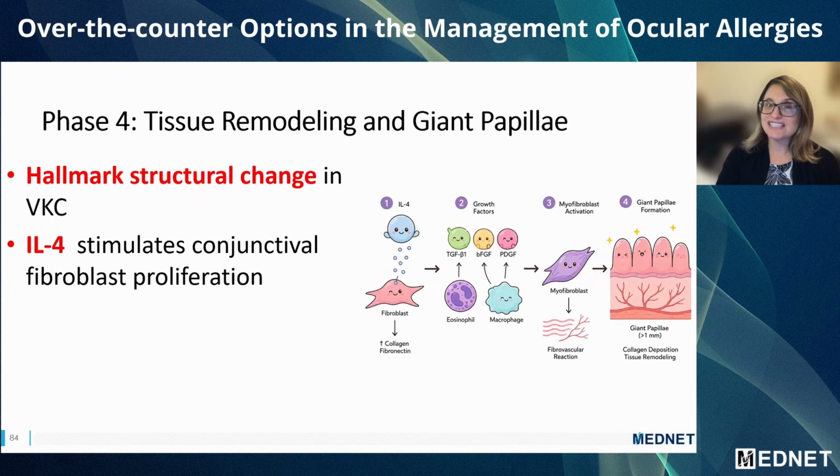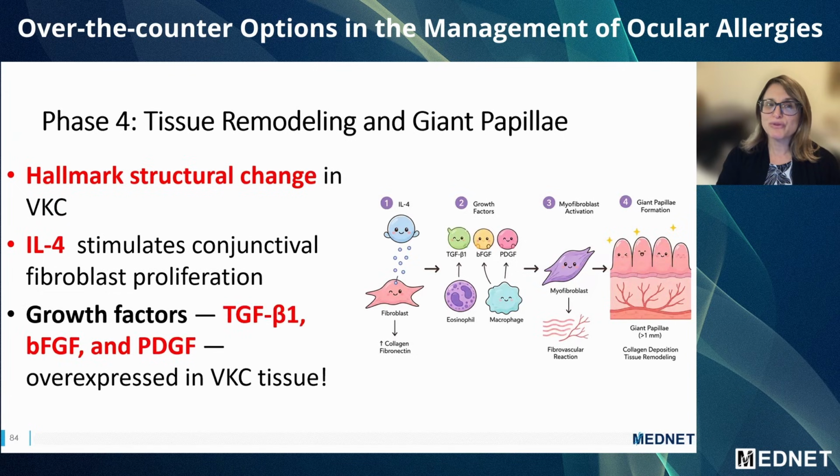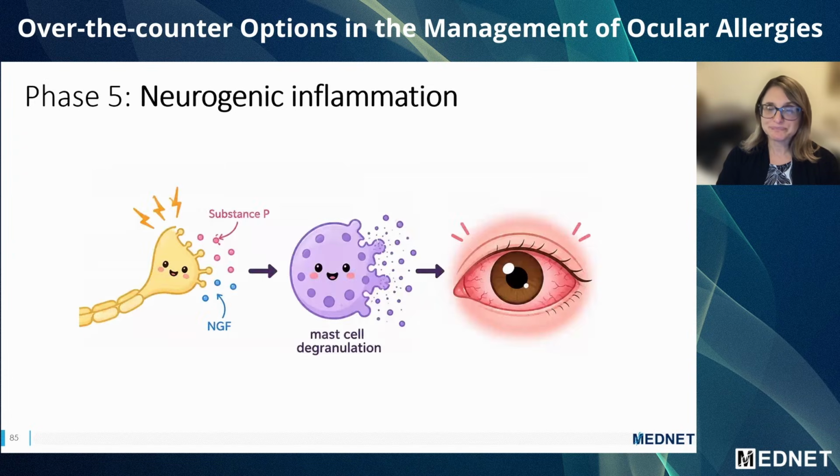One of the cytokines that drives this is IL-4, and it triggers growth factors that then cause tissue hypertrophy. Another finding that is also involved is neurogenic inflammation, where the sensitized nerves release substance P and NGF, and that causes more mast cell degranulation.